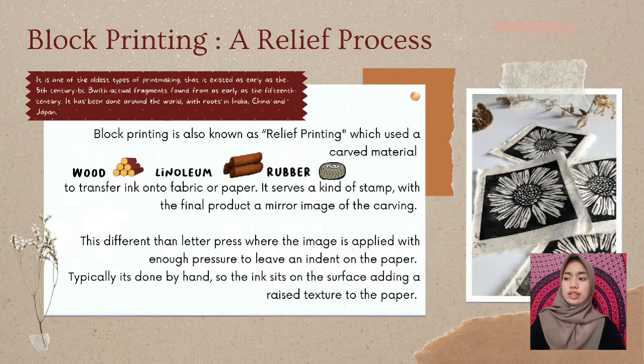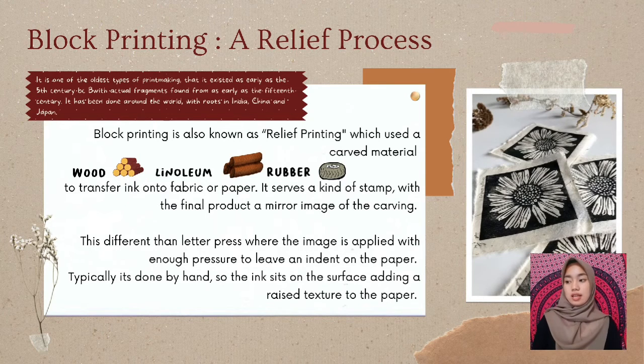Block printing is also known as relief printing, which uses a carved material such as wood, linoleum, and rubber to transfer ink onto fabric or paper. It serves as a kind of stamp, with the final product a mirror image of the carving.